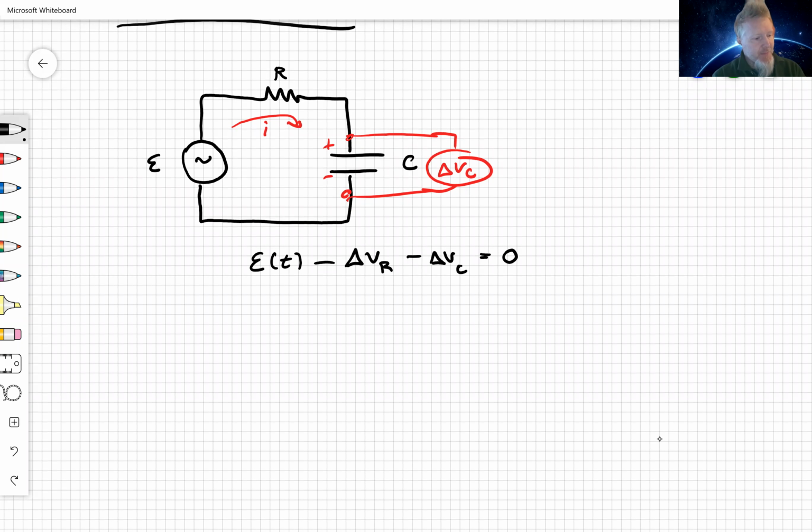Okay. So suppose that I have this. I'm going to look at the voltages here. So I'm going to have E, whatever it is, minus IR minus Q over C equal to 0.